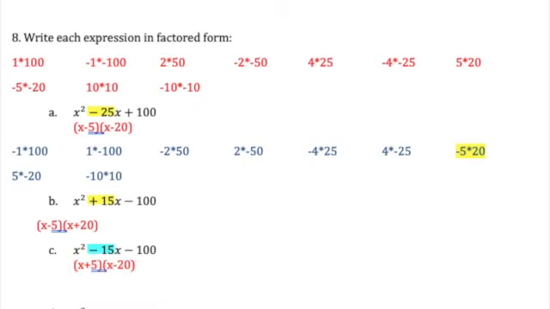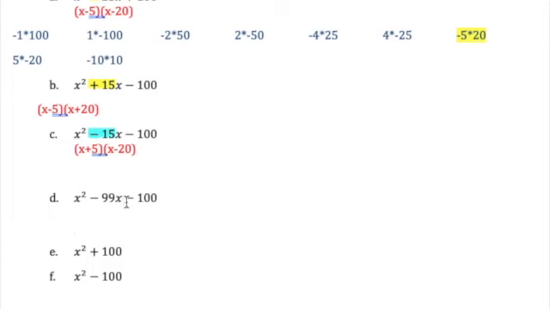And part D, multiplies to get me -100 and adds to get me -99. I'm thinking -1 and 100 sounds good there. So I'm going to say x minus 100, x plus 1, because +1 and -100 will get me -99. So there is that one.